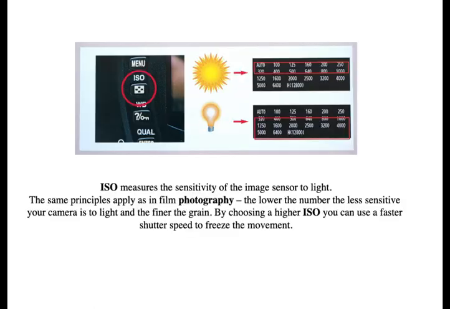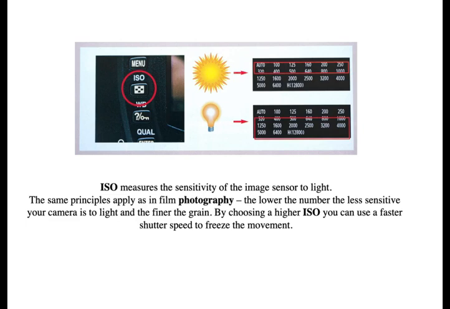So first thing first, what you're going to want to set for your exposure basis is the ISO, the International Standards Organization. Used to be known as ASA as well, the American Standardization Association. Doesn't matter.